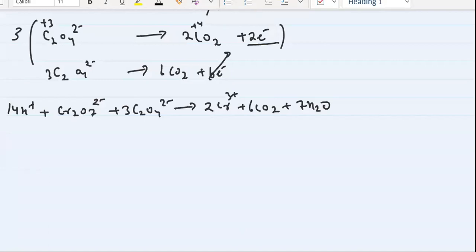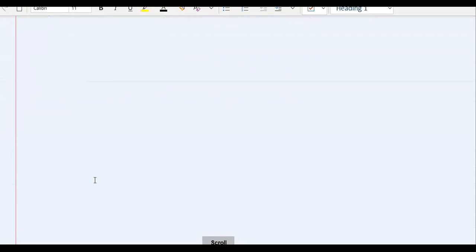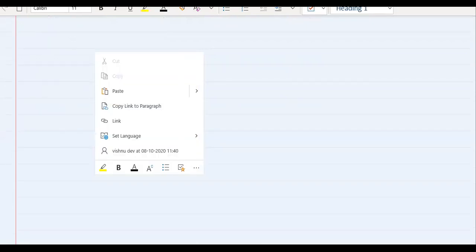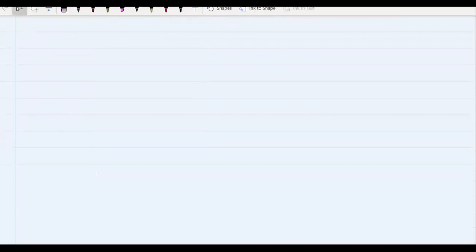Pranjal is having a doubt about the oxidation state of KO2. KO2 is which oxide? Potassium is +1 always, it cannot have any other oxidation number. So when we talk about KO2, K is +1, so O2 should be -1.